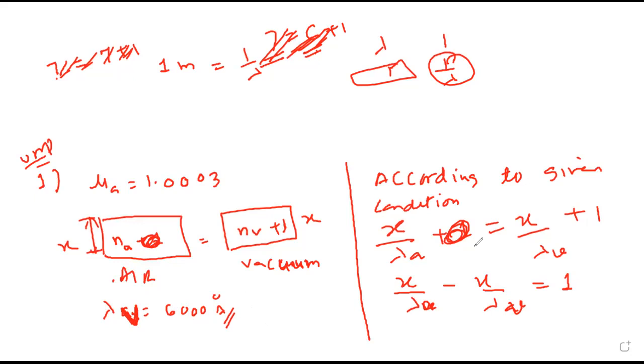Shall I clear everything now? See, first you have understood number of wave in air is 1 more than in vacuum. So whatever is in vacuum plus 1 is in air. So x upon lambda air. Air means denser medium for me.